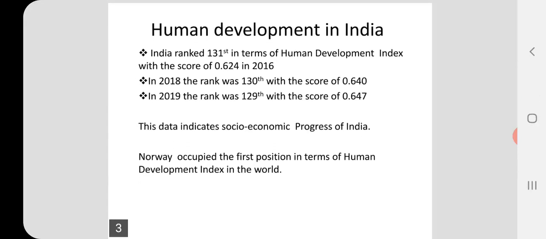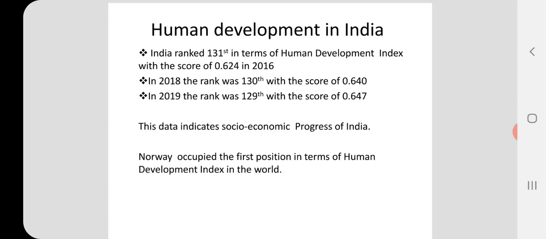Next, human development in India. India ranked 131st in terms of human development index, with a score of 0.624 in 2016, published by UNDP, the United Nations Development Program.